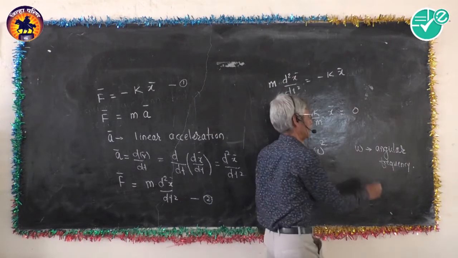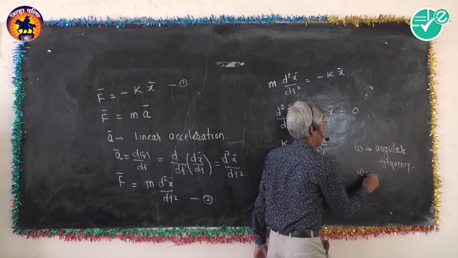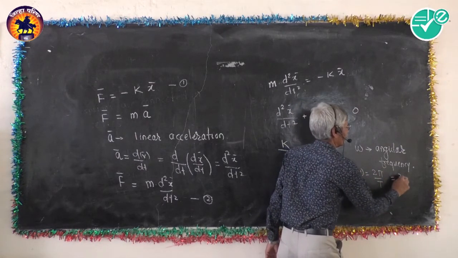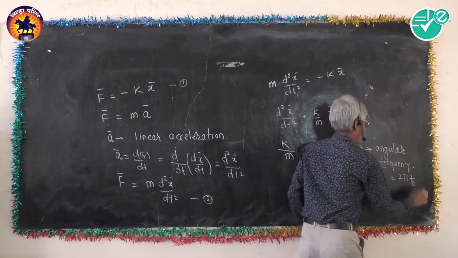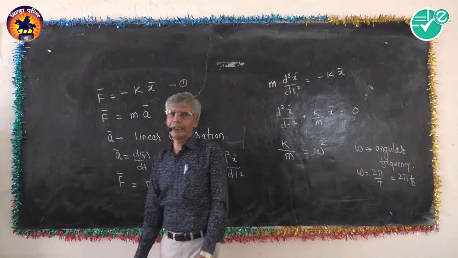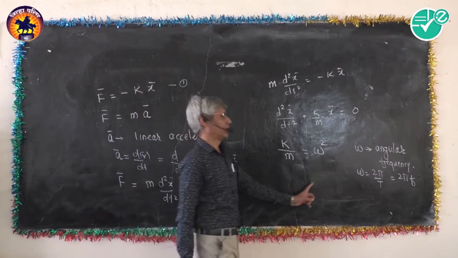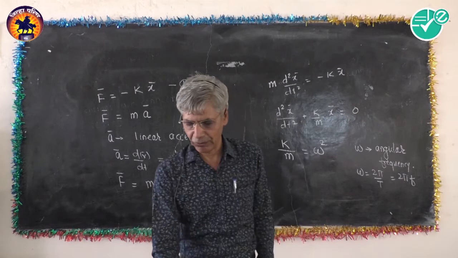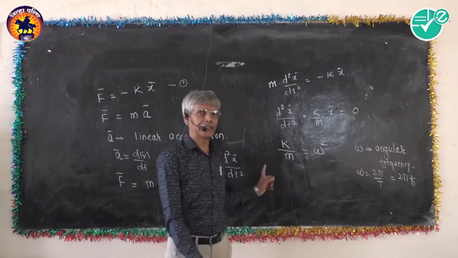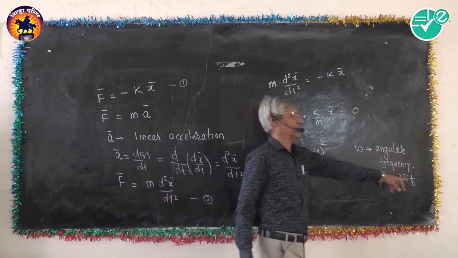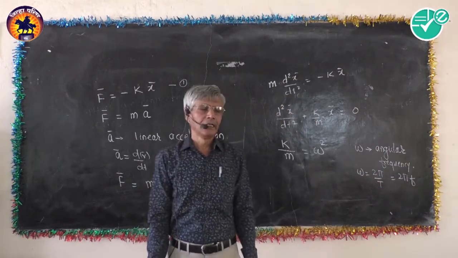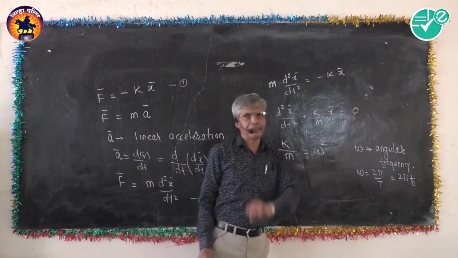This omega will be equal to 2 pi by capital T, or equal to 2 pi f, where capital T is the period of linear SHM and f is the frequency, that is the number of oscillations performed by the particle during 1 second. The time taken by the particle to complete one oscillation is called the period of oscillation.